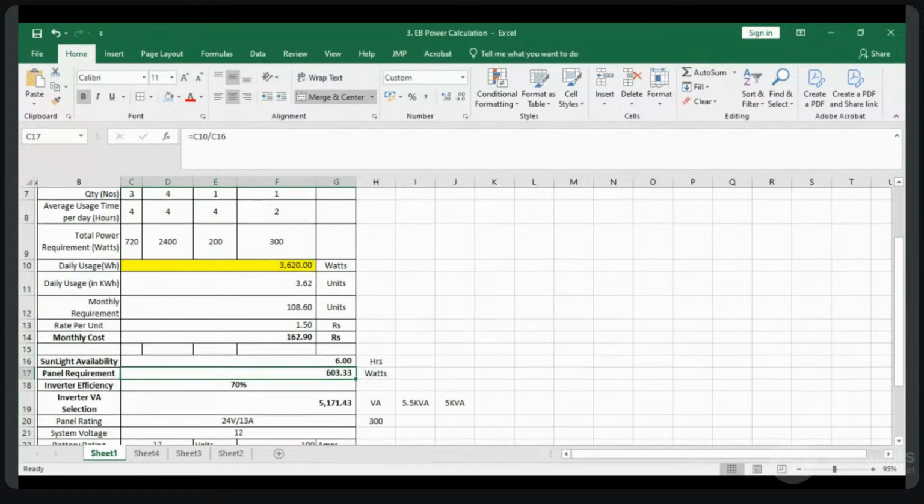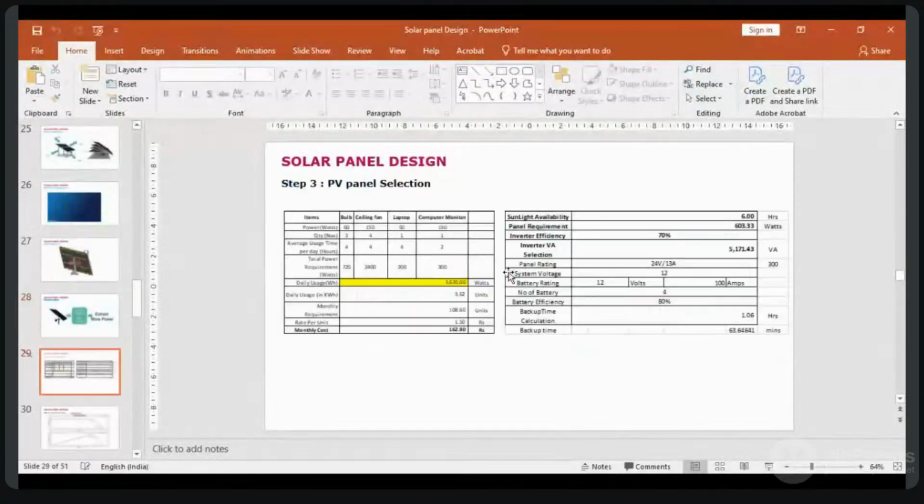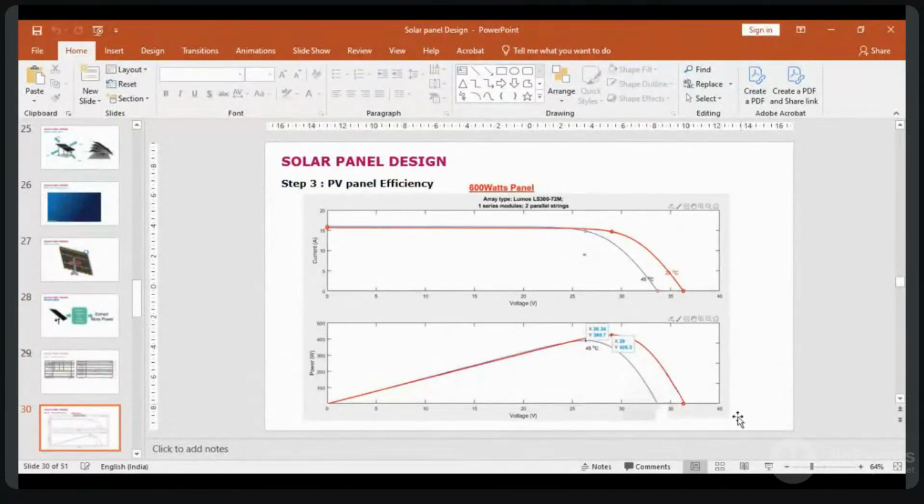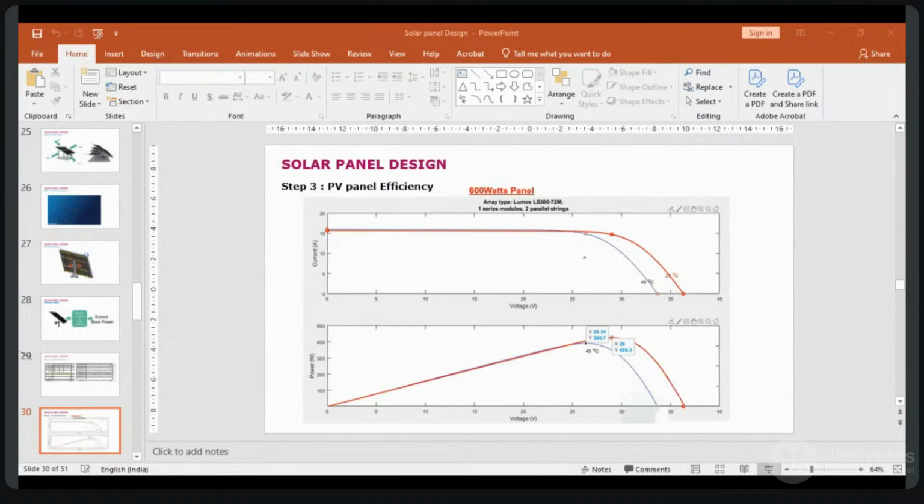But in our temperature we are lagging, by nearly 180 watts. So what we did is increase the panel capacity. Earlier our panel capacity was only 600 watt.